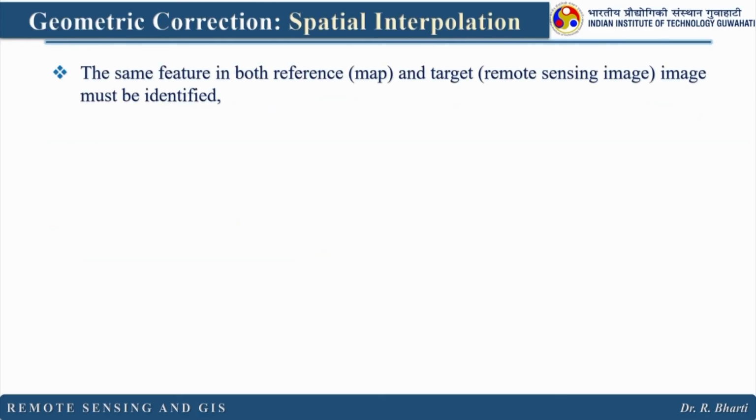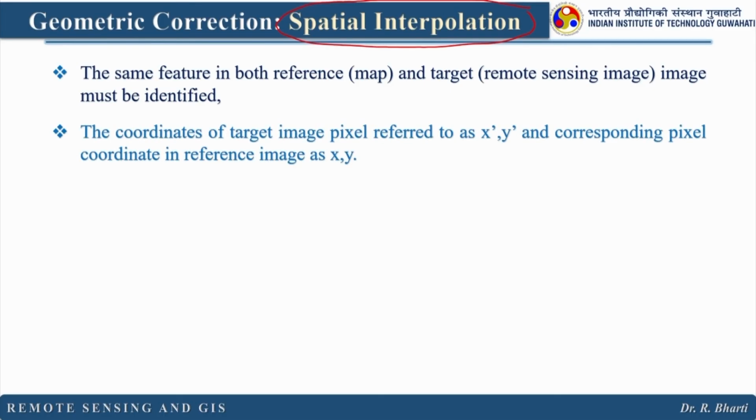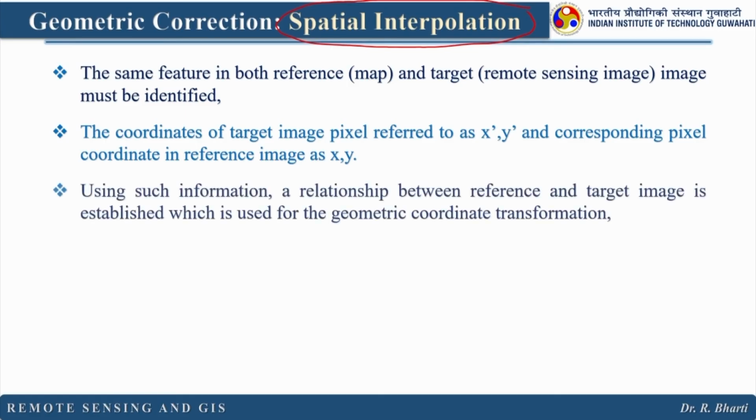In spatial interpolation you can see here, the same feature in both reference and target image must be identified. Here the coordinates of the target image pixel are referred to as x dash y dash, and the corresponding pixel coordinates in the reference image as x y. Using such information, a relationship between reference and target image is established, which is used for geometric coordinate transformation.